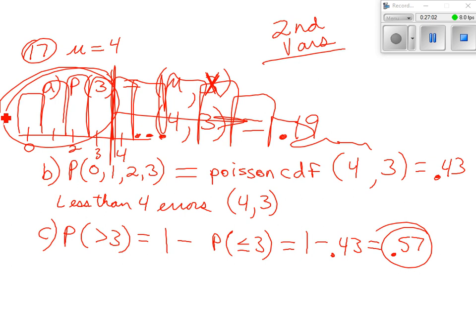I punch in 1,000, right? What's it say? 0. So the calculator says there's no chance of that. The calculator's telling me, I'm not even going to tell you what that answer is because it's so minute that you won't understand it anyway. Other questions?